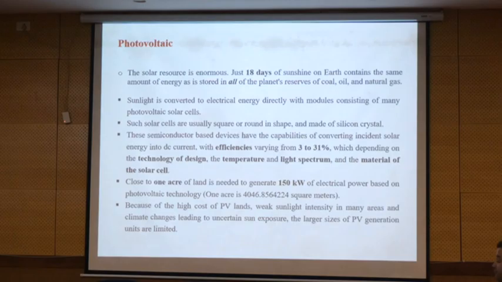So it is a very important source of energy that we can use. Why? Because it is a renewable source of energy. It doesn't produce any greenhouse gas emissions, and we have a good potential. Just 18 days of sunshine on Earth contain the same amount of energy as is stored in all of the planet's reserves.